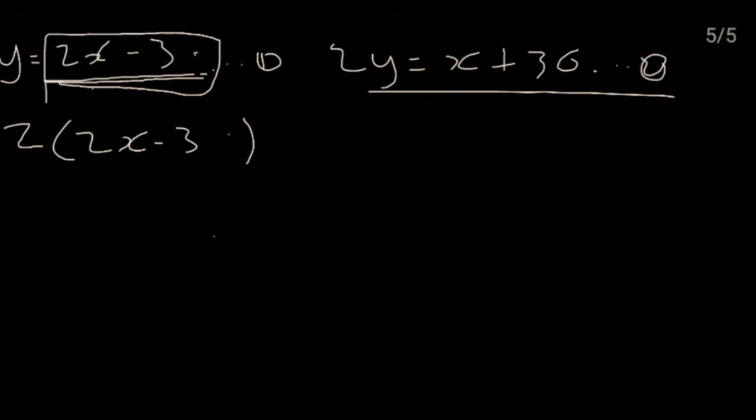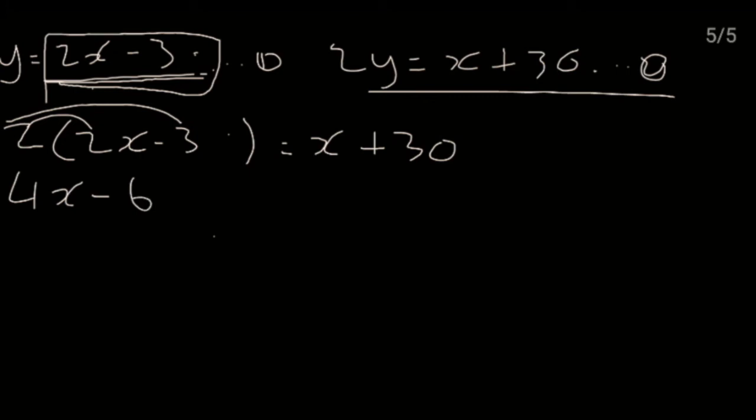And then it should equal x plus 30, right? So let's go ahead and distribute, meaning we are going to have 4x minus 6 equals x plus 30.